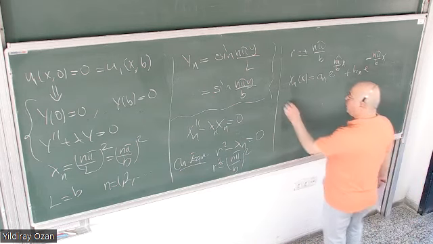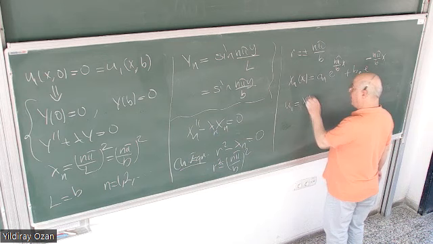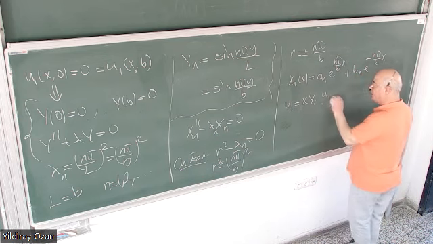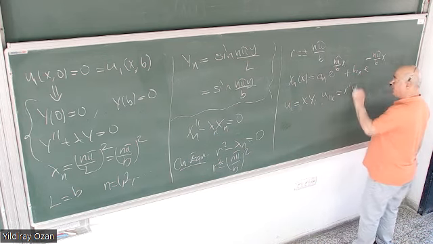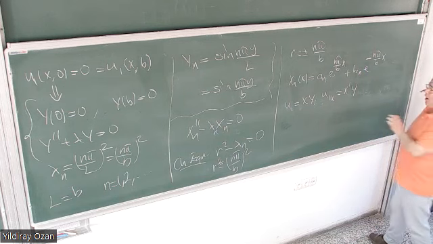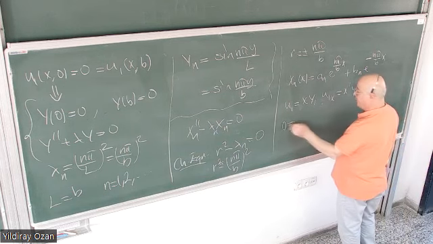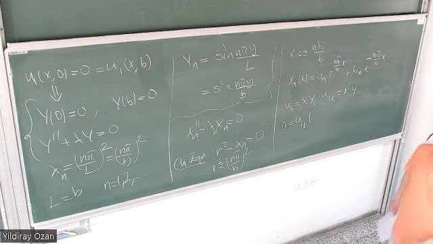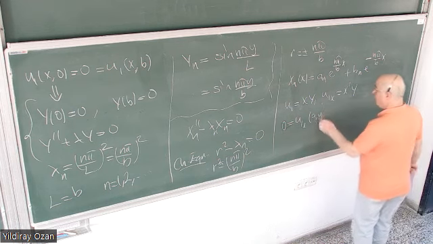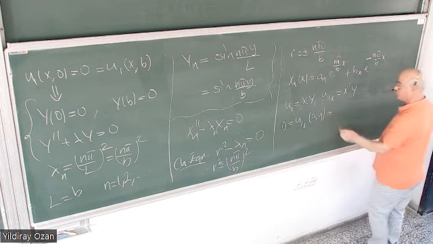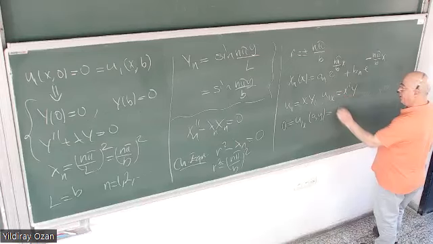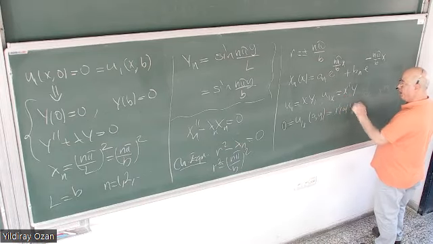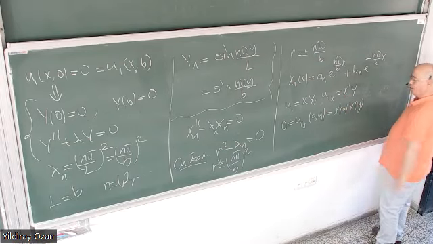Well, u1 is X times Y, therefore u1 sub x is just X prime times Y. And this is 0 at x equals a, for all y. That means X prime(a) times Y equals 0.